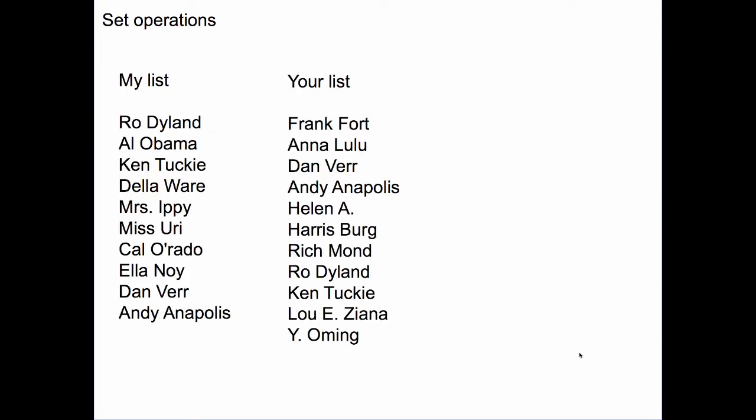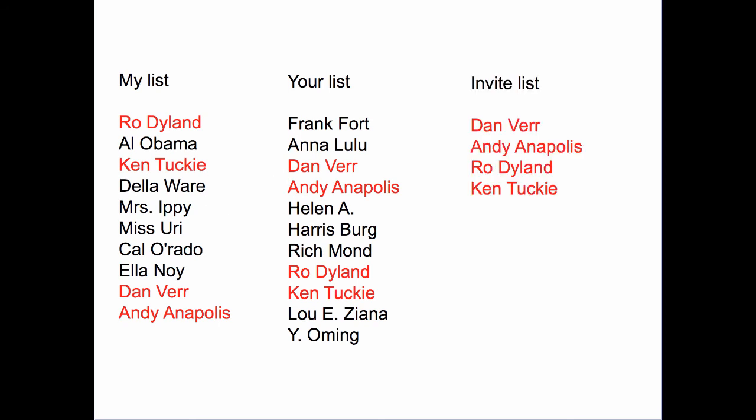You can read them to yourself. And now we have to figure out who we're going to invite. So, when we look at the lists, we find Ro, Ken, Dan, and Andy are on both lists. So, those are the people that we're going to invite. And this is our invite list.